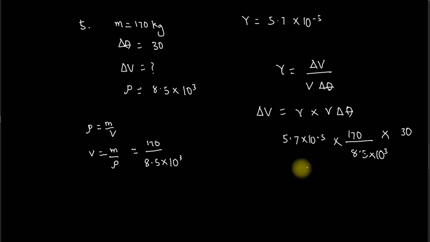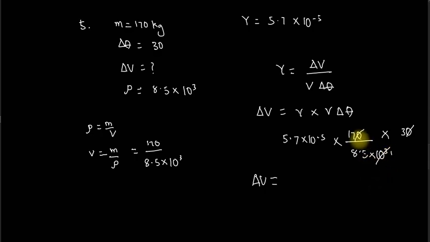Okay, so we can simplify everything together. Now, change in volume is going to be equal to, how do we simplify this in the easiest way possible? We can start cancelling out all the zeros we can find. So cancel this 0 here, we're going to be left with 2. Cancel this 0 here, we're going to be left with 1, right?